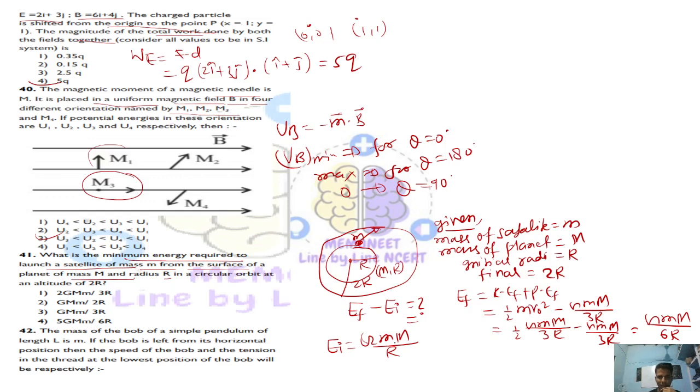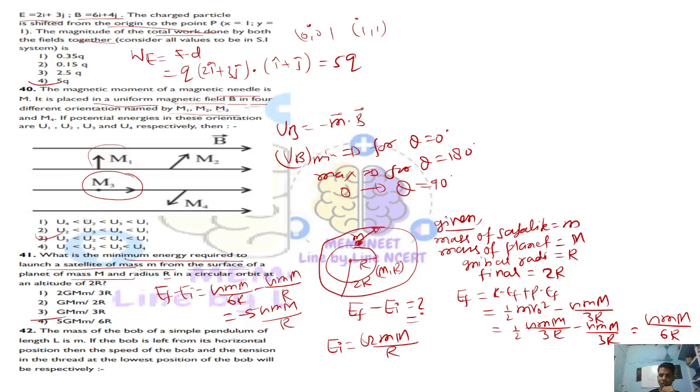So you can calculate E final minus E initial, which comes out to be minus GMm by 6R plus GMm by R. It simply comes out to be 1 minus 1 by 6, so 5 GMm by 6R. It will be positive, obviously, and the energy is in a circular orbit. So option D, the fourth option, will be correct.